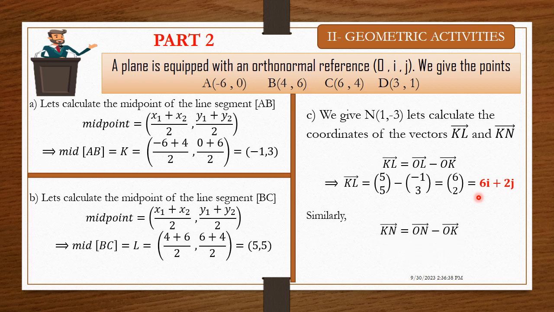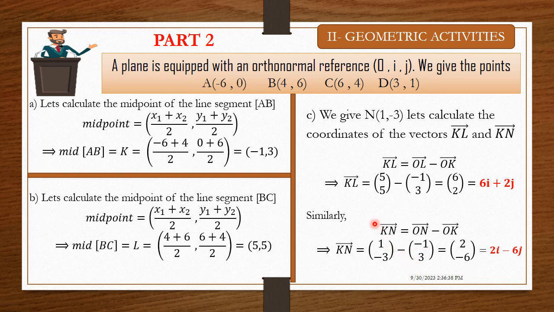Similarly, we can also find the vector KN, which is ON minus OK. Doing the same thing we did for KL, KN is equal to N, (1, -3), minus OK, which is (-1, 3).